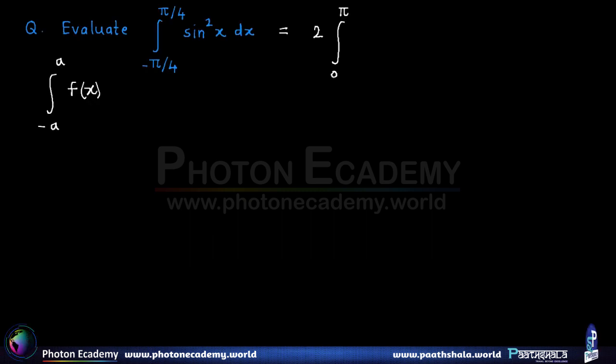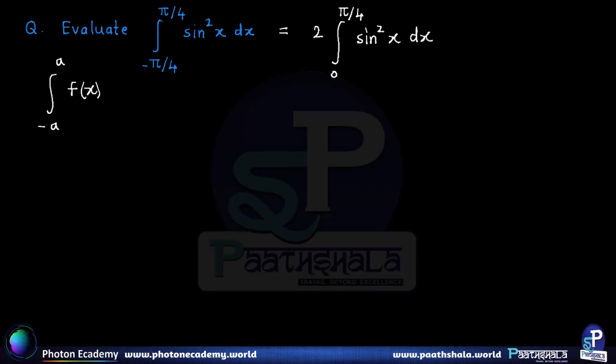Yes, here we have 0 to pi by 4 of sine square x dx. Now the next question is how to evaluate this. For that we use our normal method of integration, that is, first we try to evaluate using the indefinite integral and then substitute the limits because that is the simplest way.